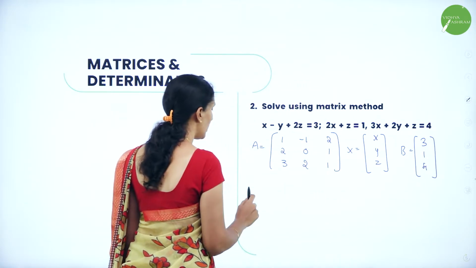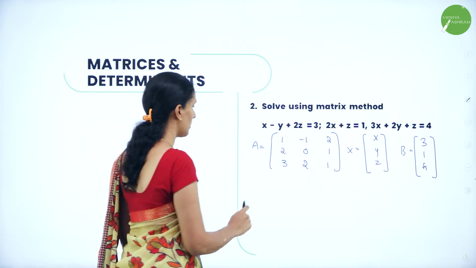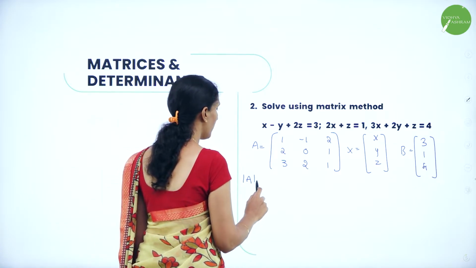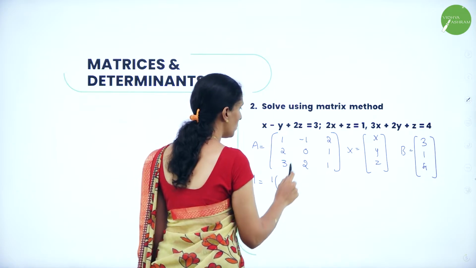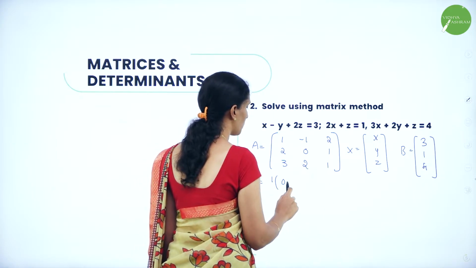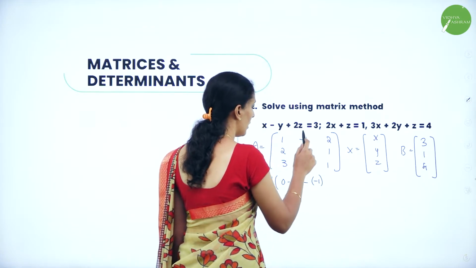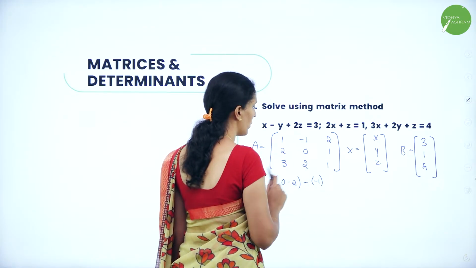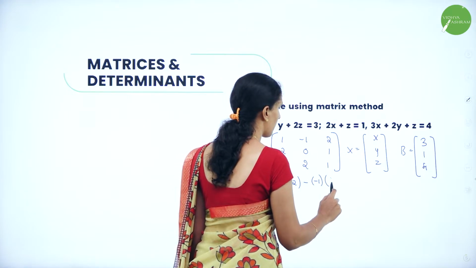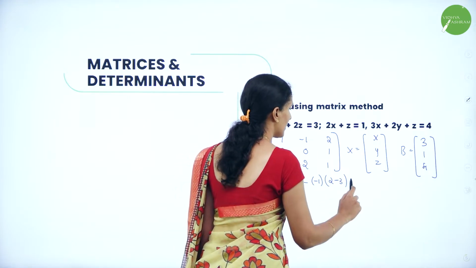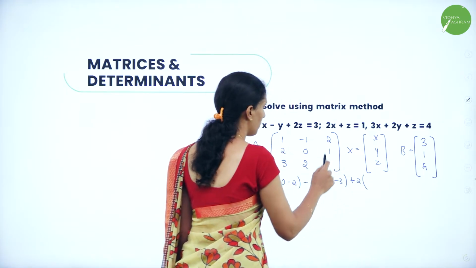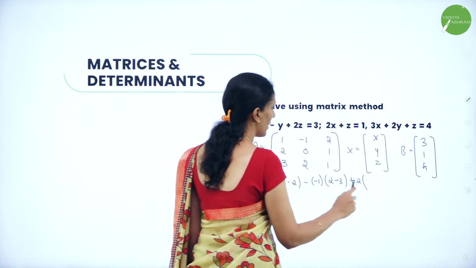So now we need to find out determinant of A. So let's see what is determinant of A. 1 into 0 minus 2. Minus, next we have minus 1. Remove the column and row here. So we have 2 minus 3. Next, plus 2. We have 2 2s are 4 minus 0.